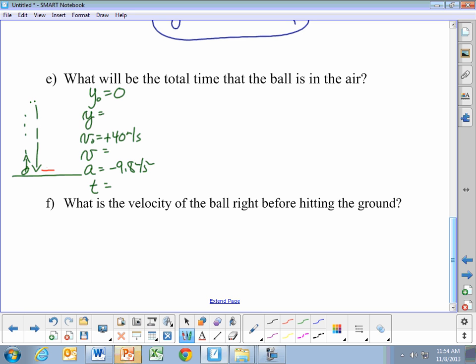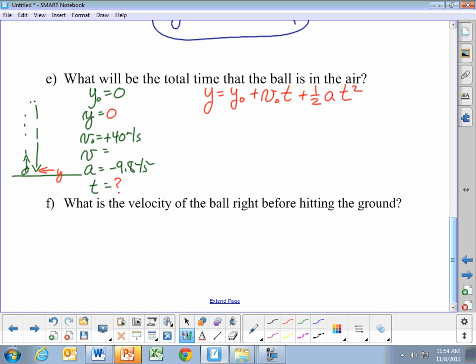So we're trying to figure out at what time it is back at a height of 0 meters. And so if we use the position time equation, we have y equals the initial height y0 plus the initial velocity times t plus 1/2 times the acceleration times t squared.